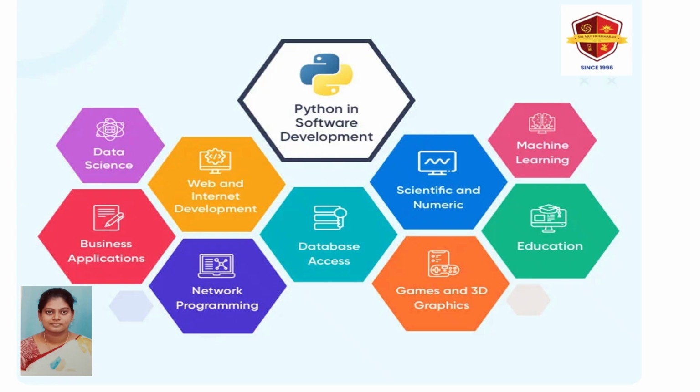There are numerous applications and job roles if students become proficient in Python programming. So it is very important to learn the programming concepts from the basics and to develop various applications using Python.